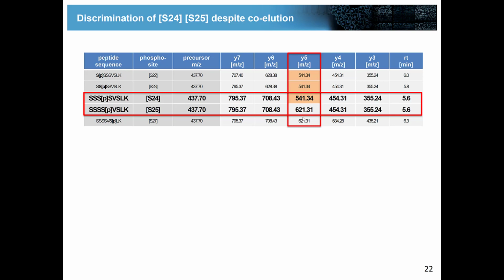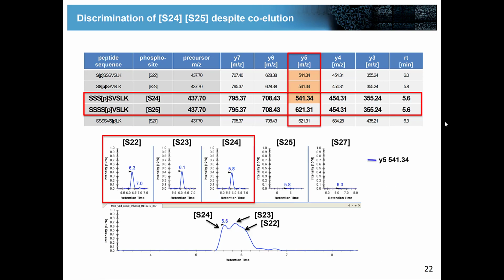And when we just focus on this Y5 ion, and if we first look at Y5 541, that's the fragment that we would expect in these first three versions, then this is exactly what we see.